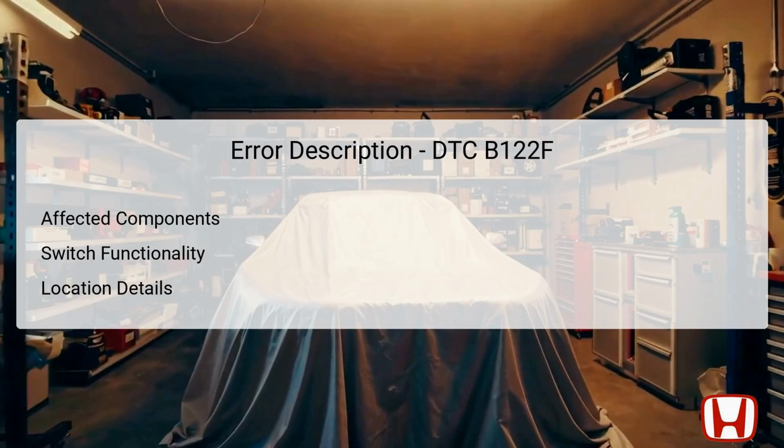The climate control unit processes these signals and activates the appropriate climate control actions, such as directing airflow to the windshield. The precise location of these components is crucial for efficient troubleshooting, as inspecting any malfunctioning component hinges upon its accessibility. If the climate control switch malfunctions, or if there's an open circuit, it disrupts communication between the switch and the climate control unit, leading to the B122F error code.